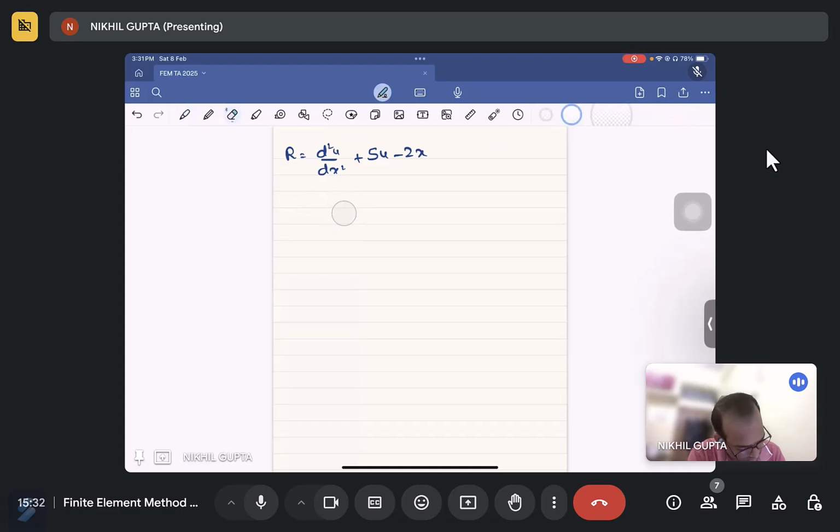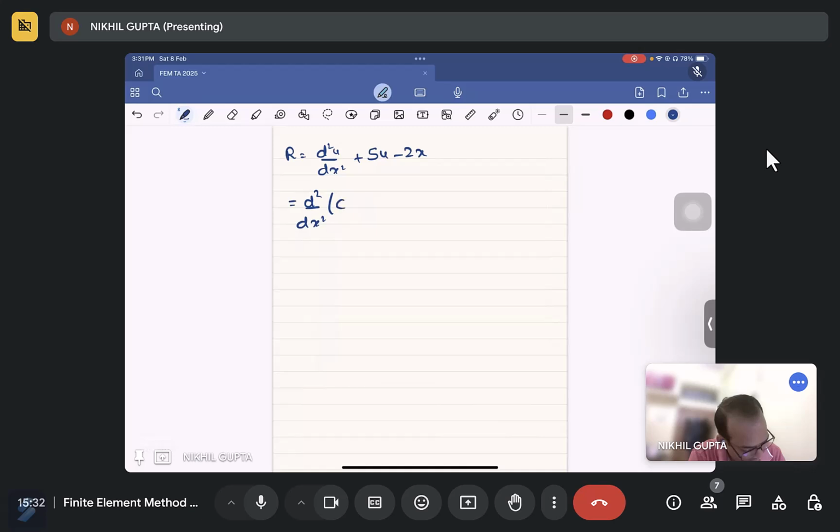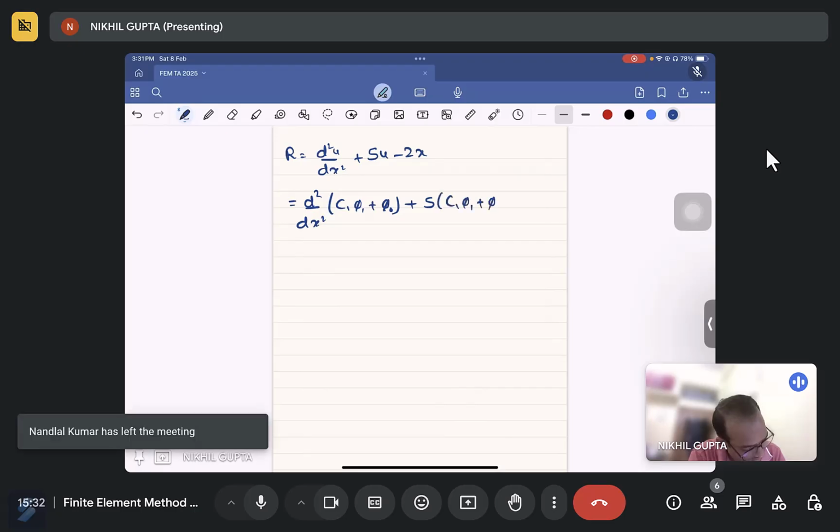Let's substitute first d2u by dx square, and this u is given as c1 phi 1 plus phi naught plus 2x.